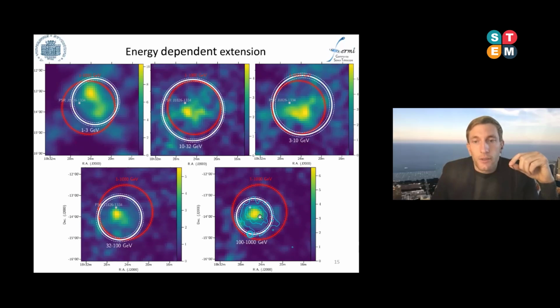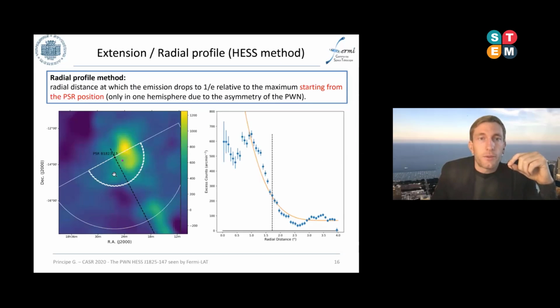Here the contours are compared with the H.E.S.S. morphology. The results that we found are compatible in the same energy range, which is observed by both Fermi-LAT and the Cherenkov telescope. This also helps us close the gap, going down to 1 GeV.